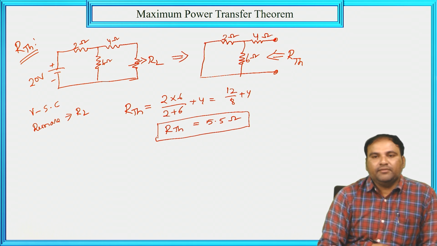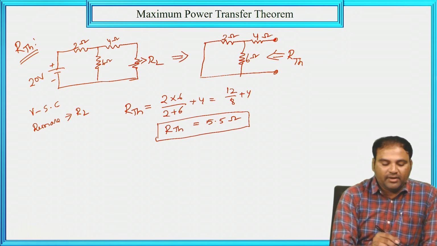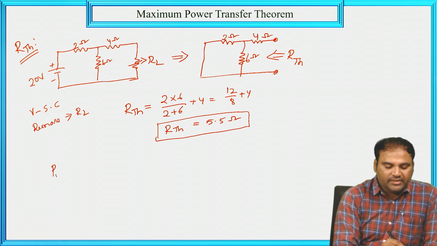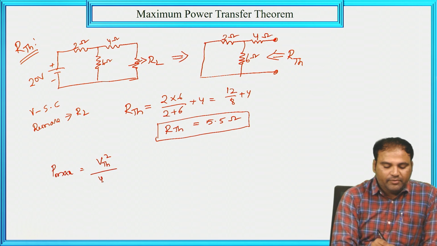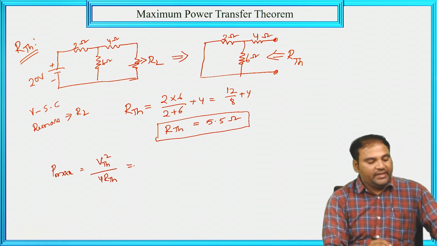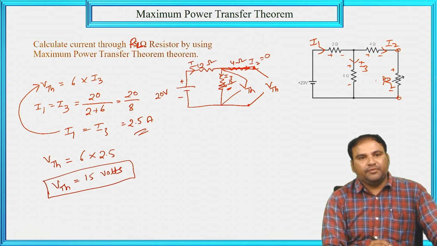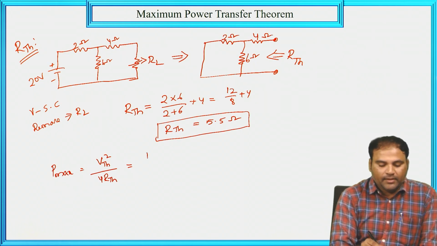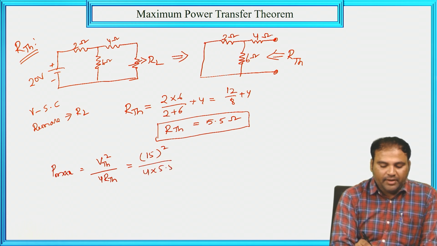But here we need to find the maximum power. We already know the maximum power equation. P max equals VTH square divided by 4 into RTH. What is the VTH value? 15. So 15 whole square divided by 4 into 5.5.